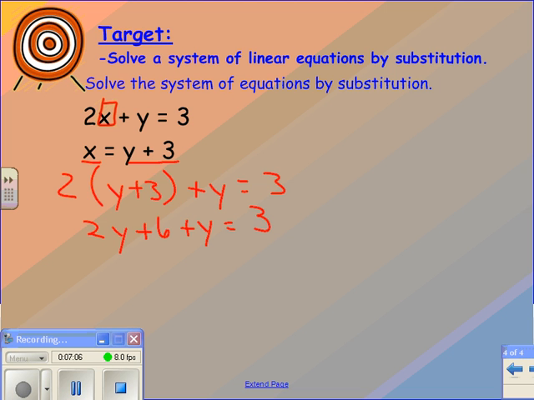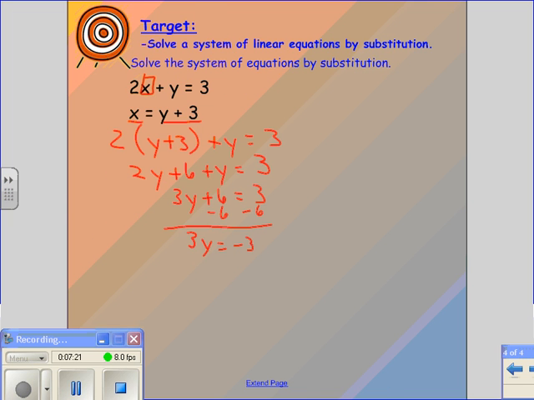Let's combine like terms, and we have 3y plus 6 equals 3. Let's get our constants on the other side by subtracting 6 from both sides, and we have 3y equals negative 3. Divide both sides by 3, and we have y equals negative 1.